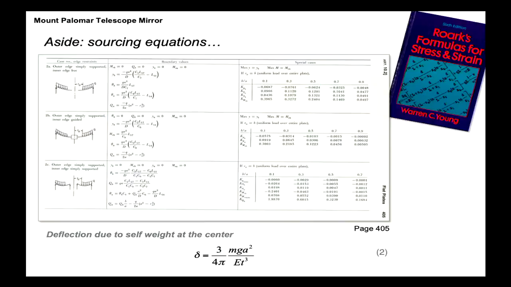I talk a lot about how you've got to get resources from here or there. An example is Roark's Formula for Stress and Strain by Warren Young. It's a book essentially filled with equations of the type you can see up there, for various loading and various support modes of various shapes.